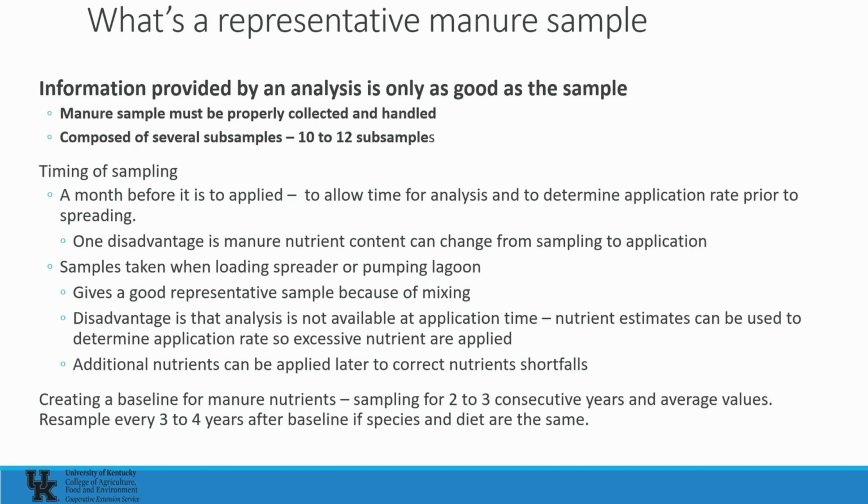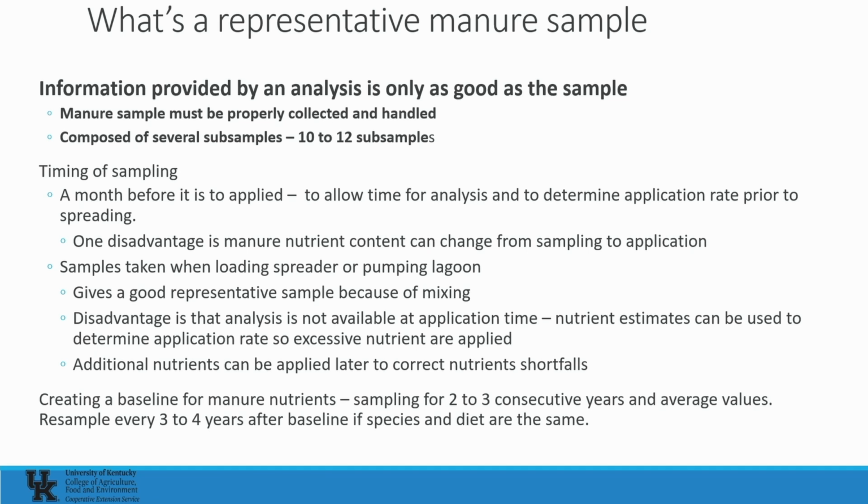However, if we take samples when we're either loading the spreader or pumping the lagoon or mixing the lagoon, we're going to get a very representative sample because everything is mixed and we're actually land applying it then. However, there's a disadvantage because that analysis is not going to be available at the time that we're actually land applying nutrients.